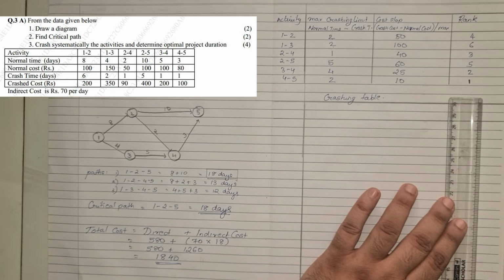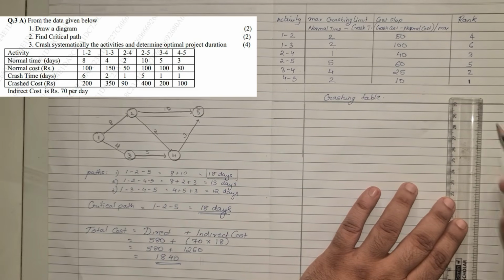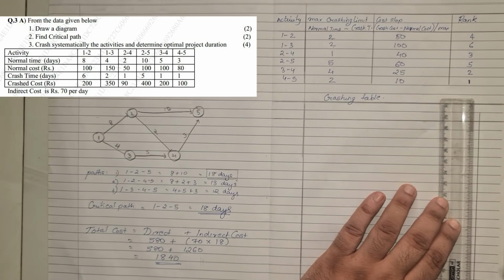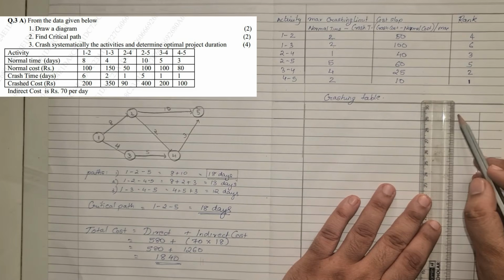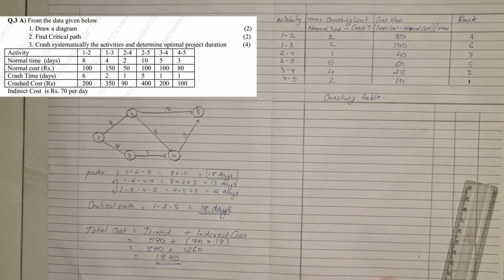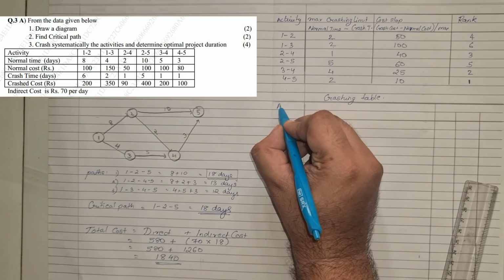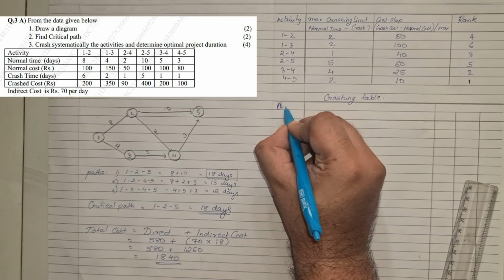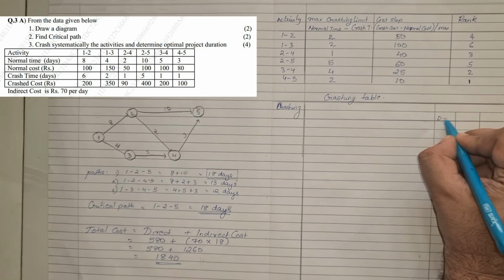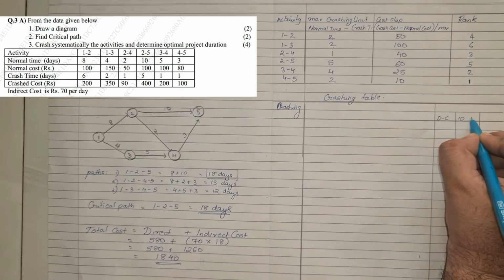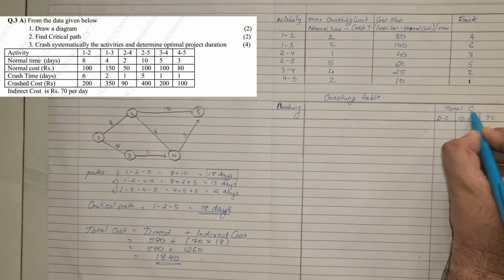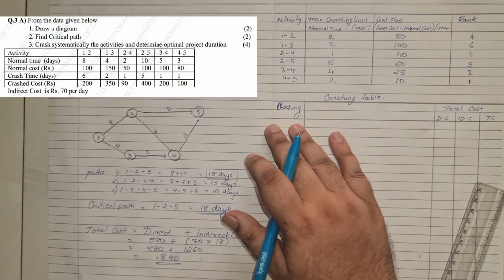The last three columns are going to be fixed: total cost, indirect cost, and direct cost. First I'll write crashing. Here I have direct cost, indirect cost, and total cost. This is our total cost column, and this is the crashing column.